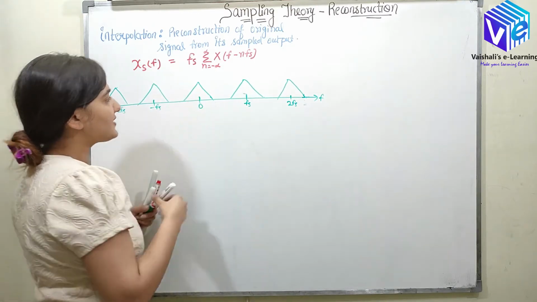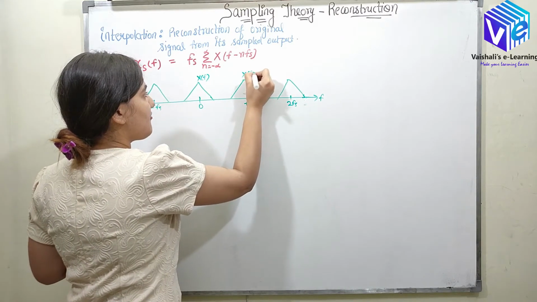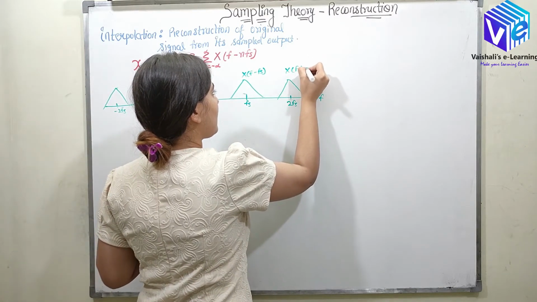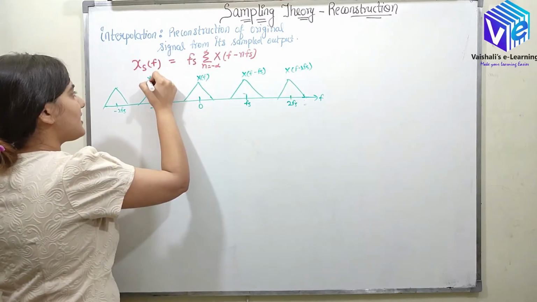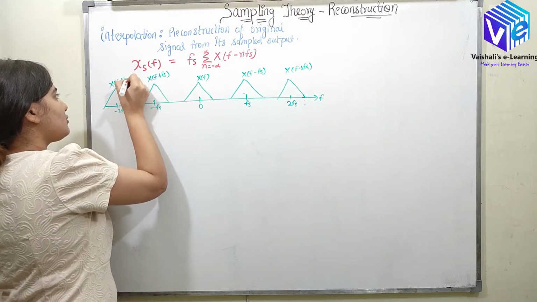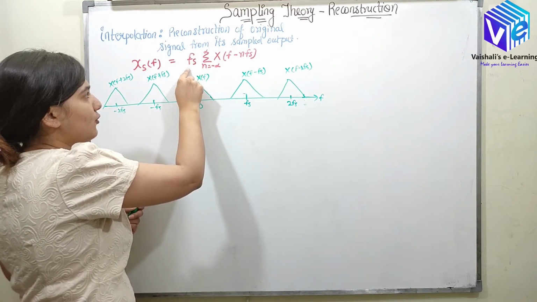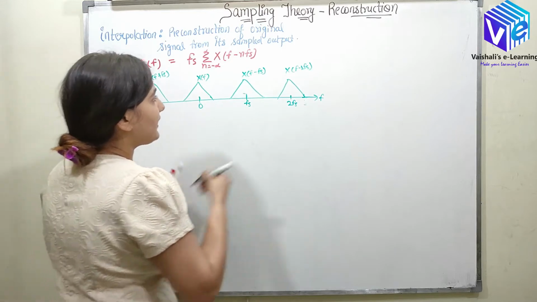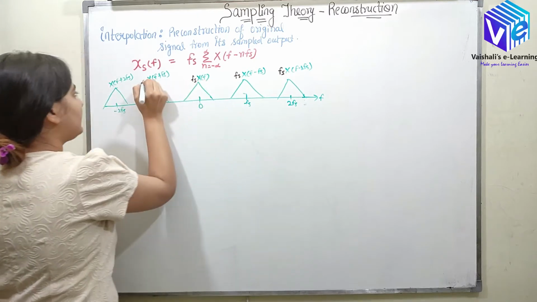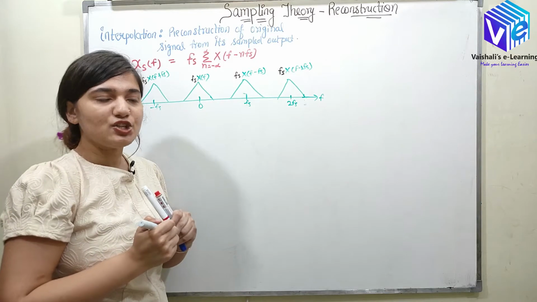We have X(f), X(f minus Fs), X(f minus twice Fs), X(f plus Fs), X(f plus twice Fs). All of them are multiplied with a constant, Fs, so every copy is amplified by a factor Fs. This is my frequency representation of the signal.